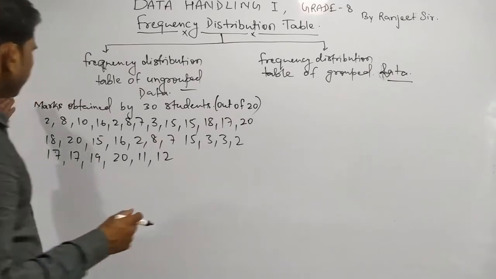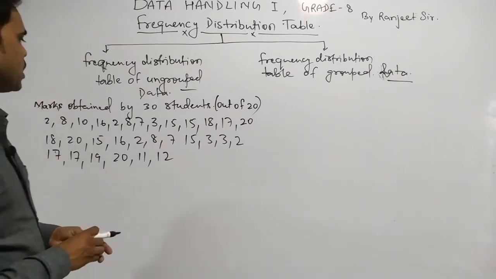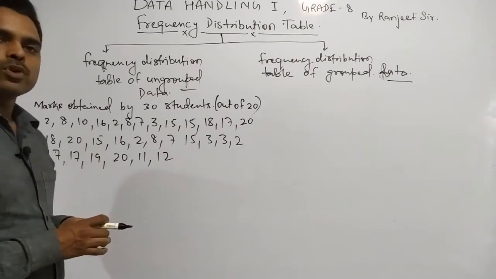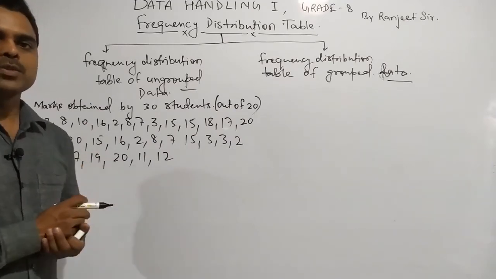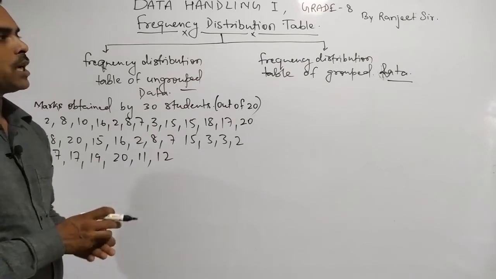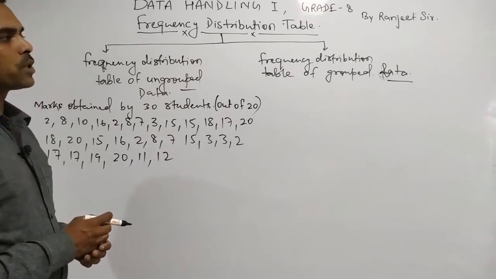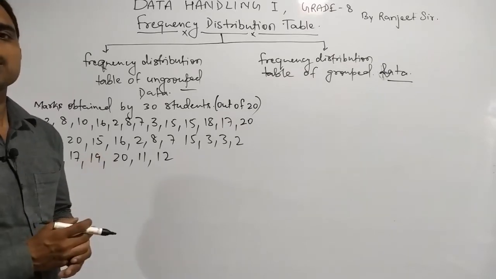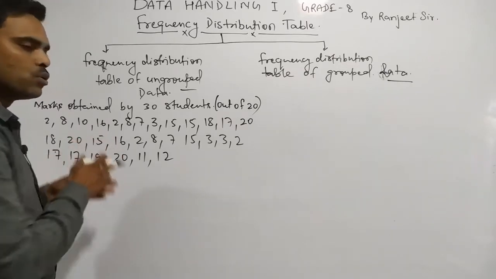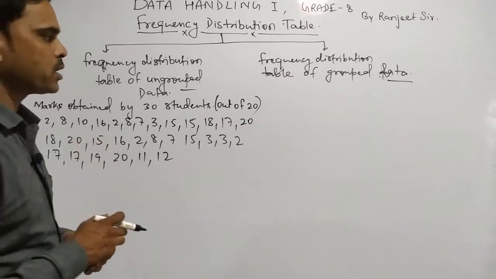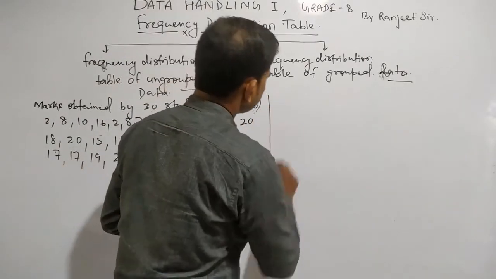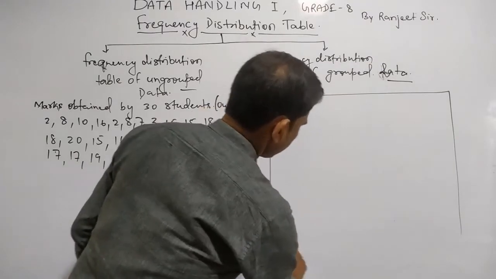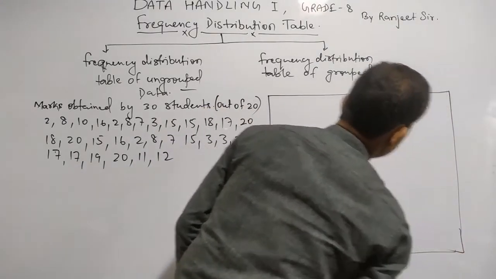So these are the marks obtained by 30 students, and this is a kind of ungrouped data. But as we have to learn the frequency distribution table of grouped data, first of all we will make a proper table and make groups of it. One more time I'm going to draw this table.